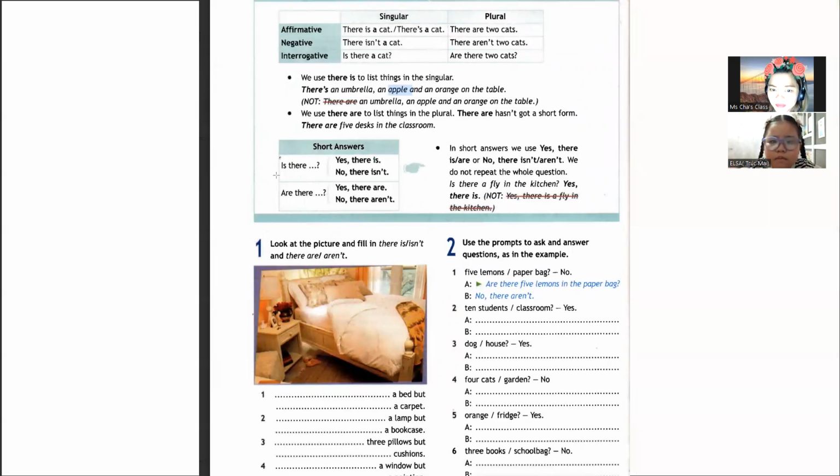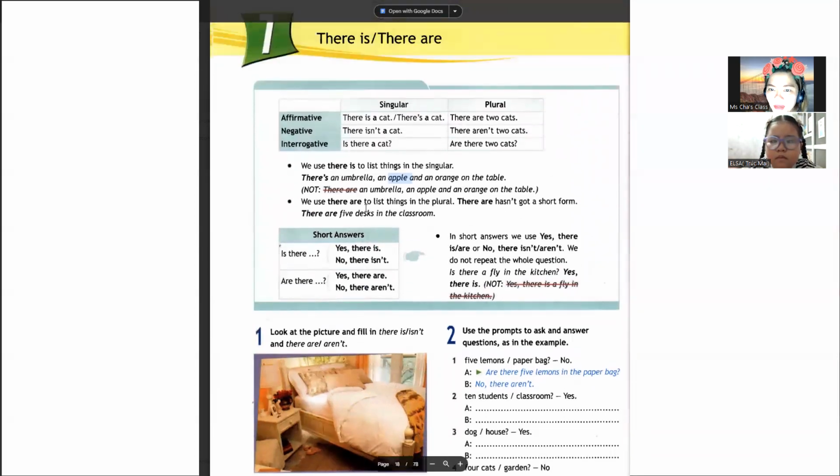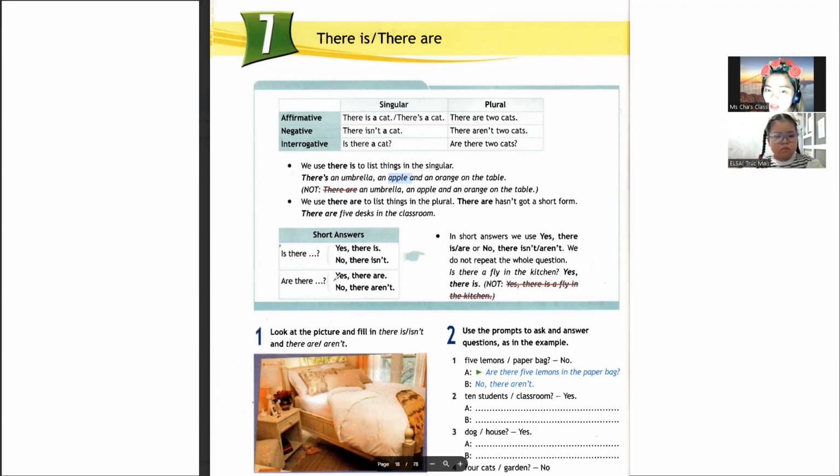If you still remember yesterday, we were able to have an introduction with this one, and from that, we learned the use of there is and there are. Elsa, when do we use there is? There is is for singular. And there are for plural form.